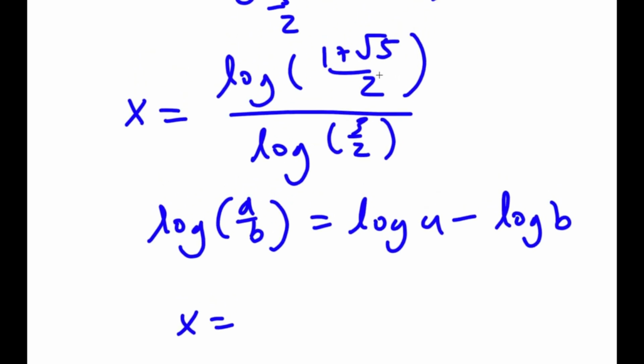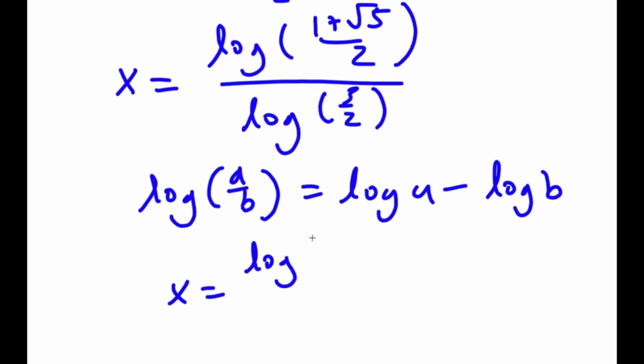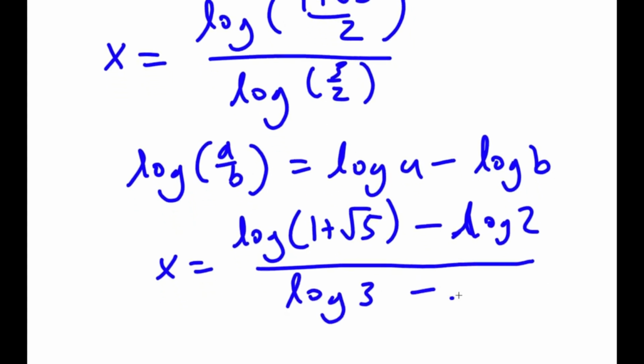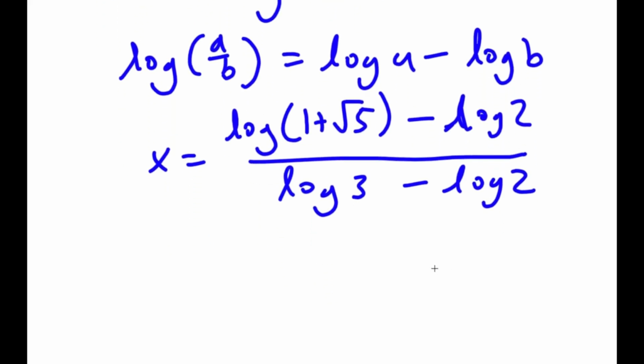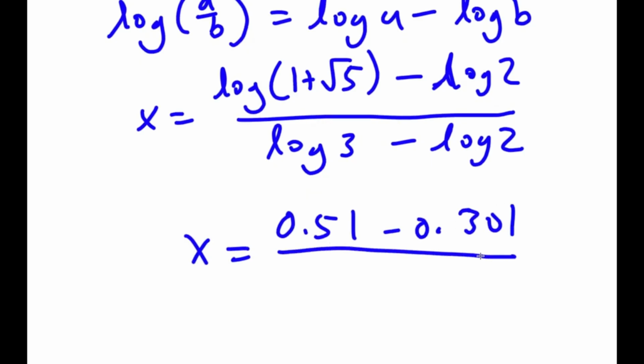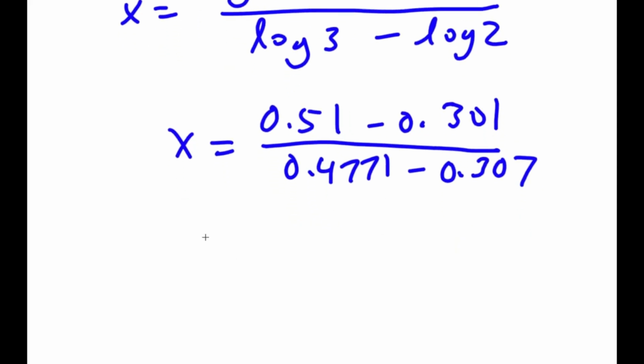Meaning log of (1 + √5)/2 is going to equal log of (1 + √5) minus log 2, and log 3/2 is going to equal log 3 minus log 2. Now this is equal to 0.51 minus 0.301, divided by 0.4771 minus 0.307. And if you simplify this, you get x is equal to 1.868.